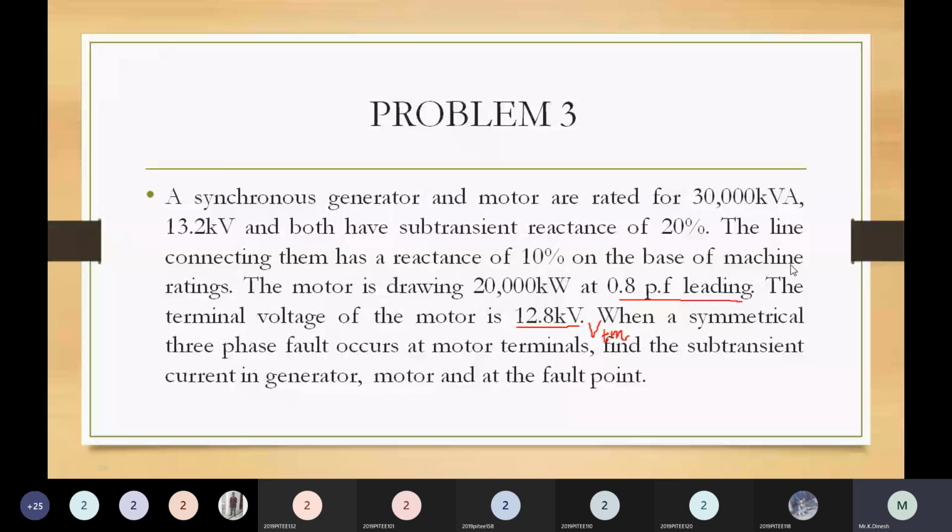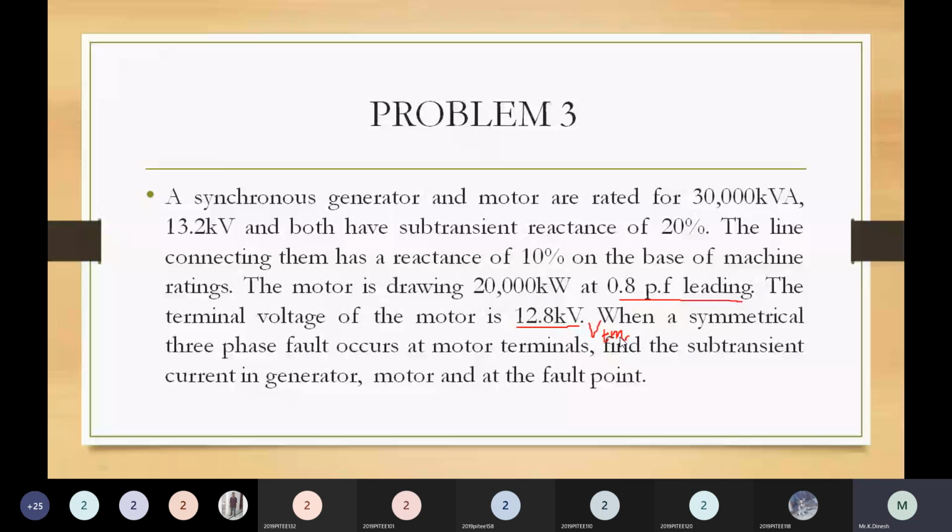The motor is drawing, drawing means extracting, 20,000 kilowatts at 0.8 power factor leading. The terminal voltage of the motor is 12.8 kV. The terminal voltage is represented as VTM in the problem.